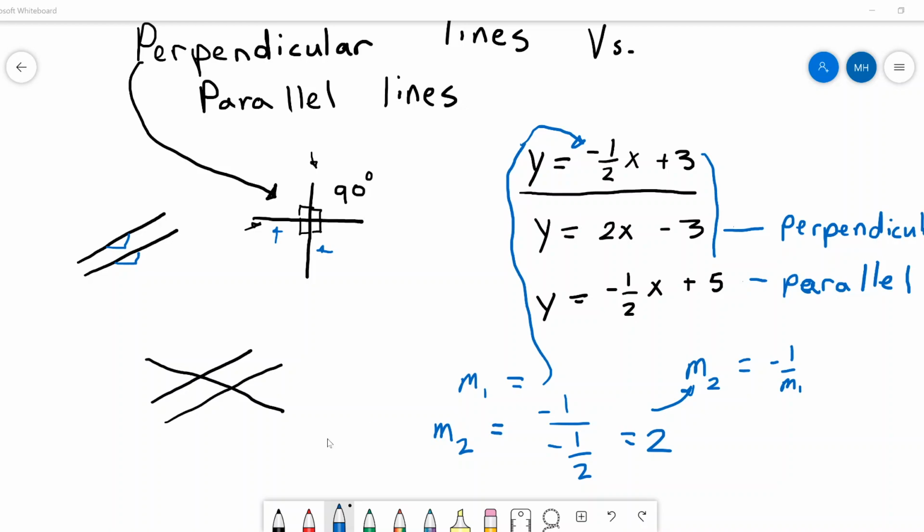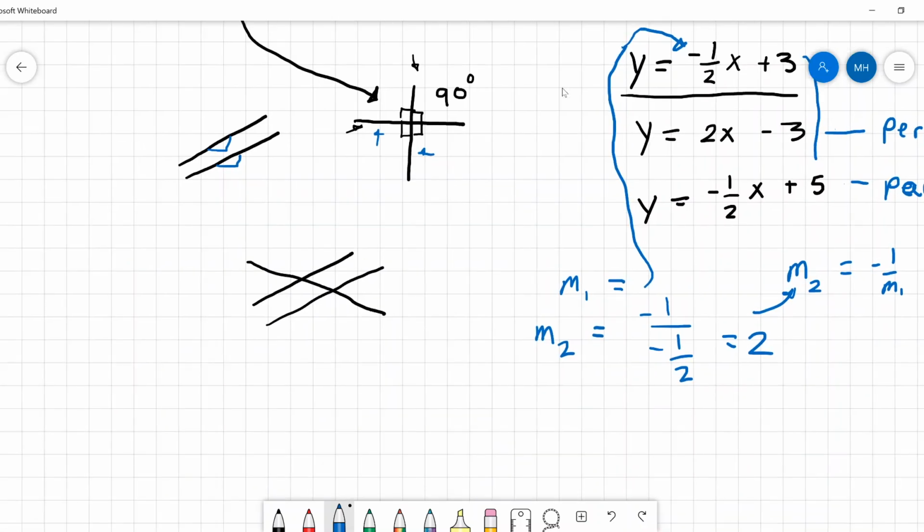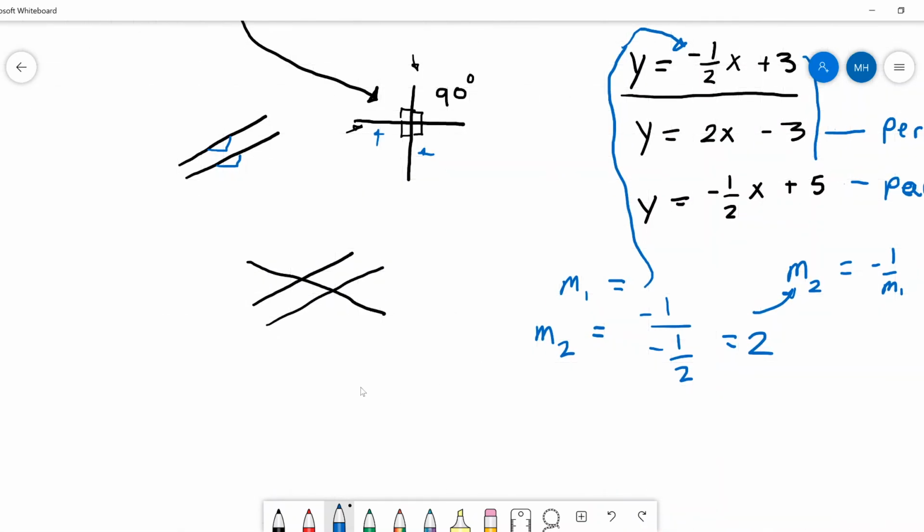The biggest thing we can use parallel and perpendicular lines for is knowing the relationship between lines. We'll cover this in more detail later, but the big thing to remember is that parallel lines give you a certain relationship.